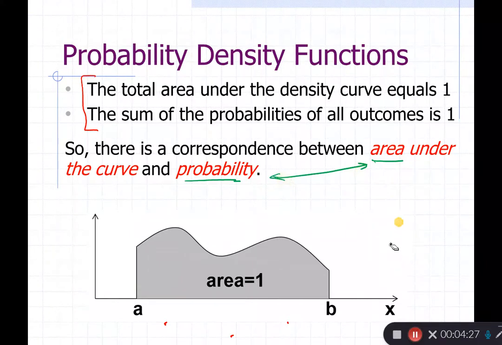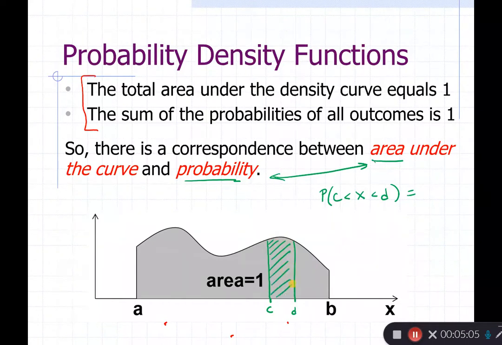So if, for example, we wanted to calculate the probability, let's say this X value here, we'll call that C, and this X value here, we'll call that D. If we want to calculate the probability that X falls between C and D, well, that's going to be equal to this area between C and D. So probability, area.